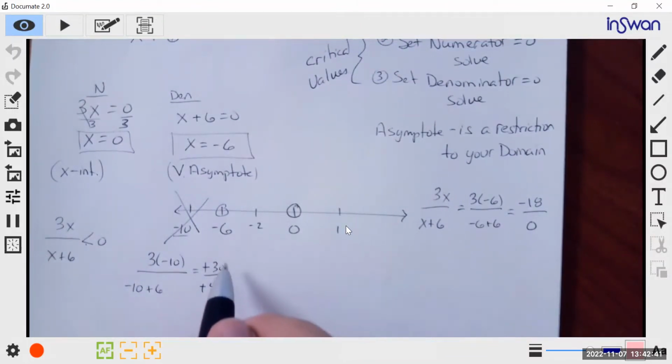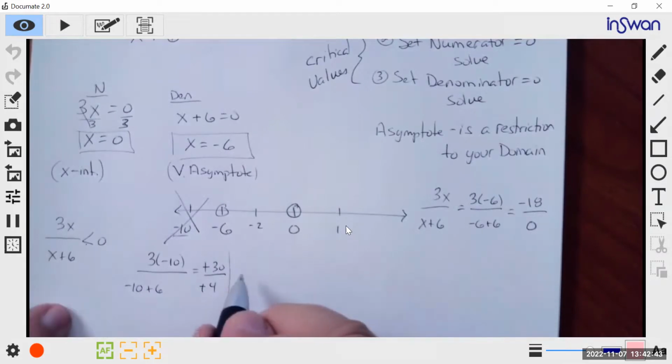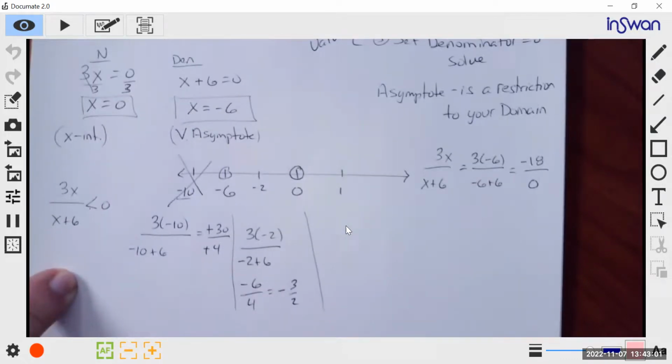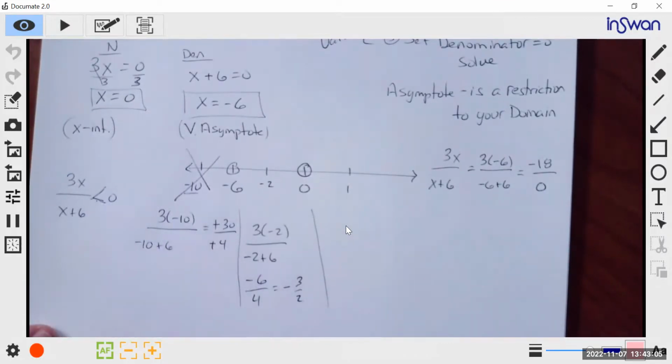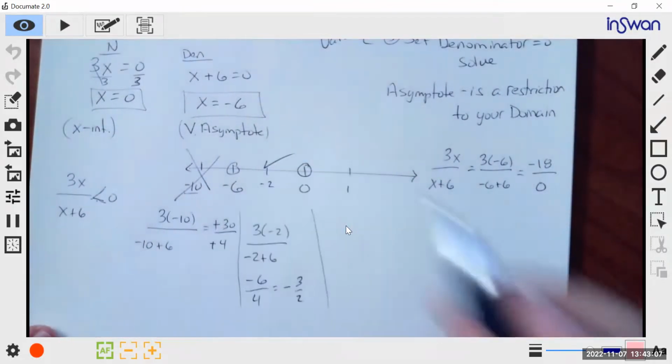Let's try -2. 3 times -2 is -6, and -2 plus 6 is 4. It's -3 over 2. Will a negative answer work? Yes, because I want a negative answer, so that one's going to work.